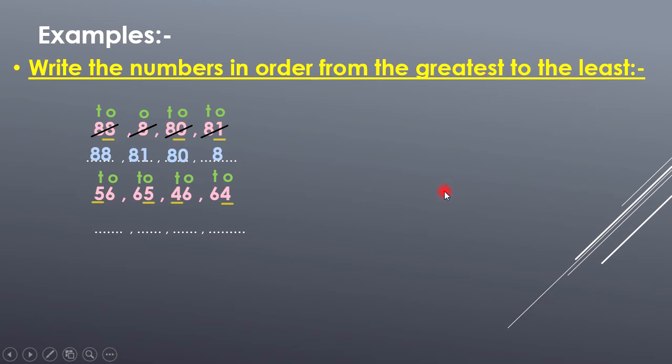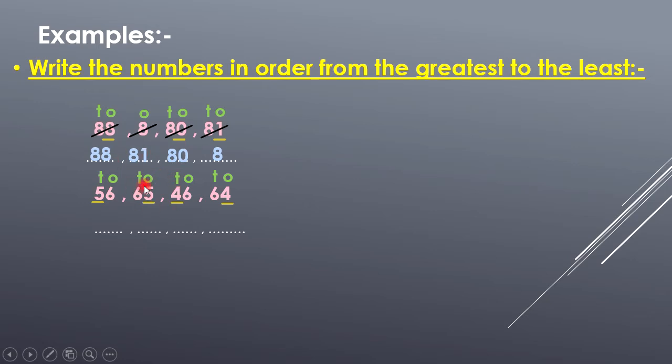Which one is the biggest number? I have here 65 and 64. Here's 6 in tens place and here is 6 in tens place, so I look to ones digit. Which one is the biggest, 65 or 64?